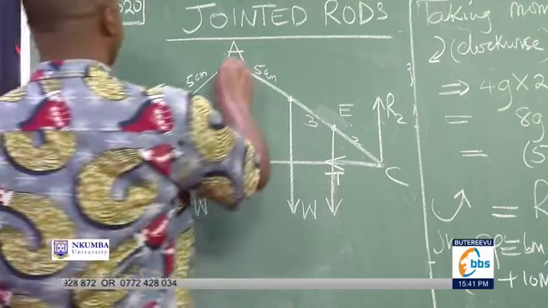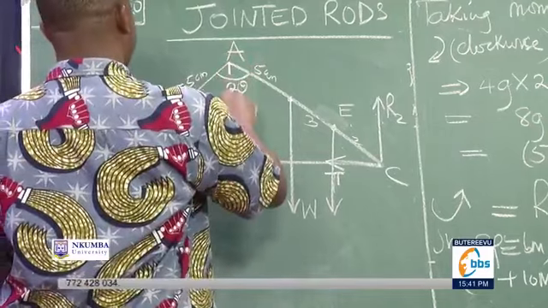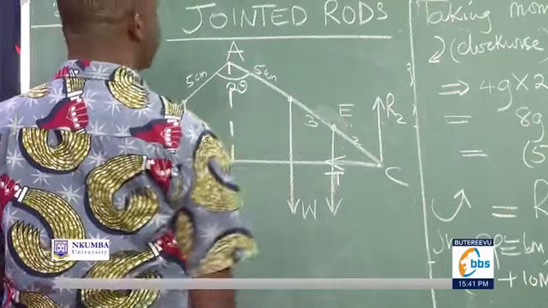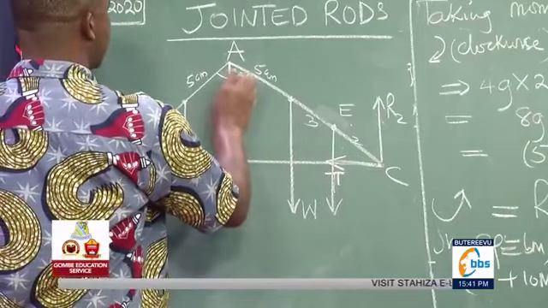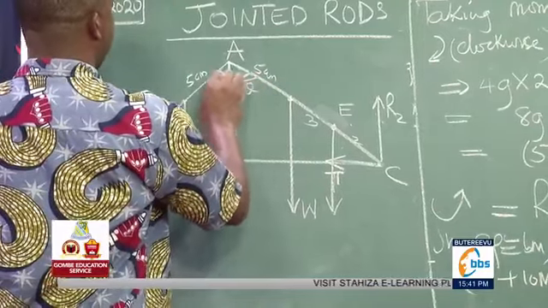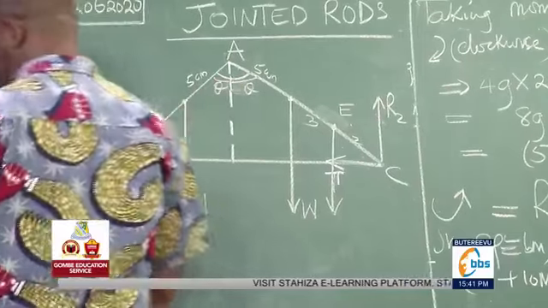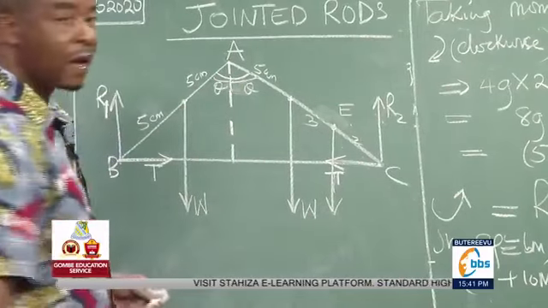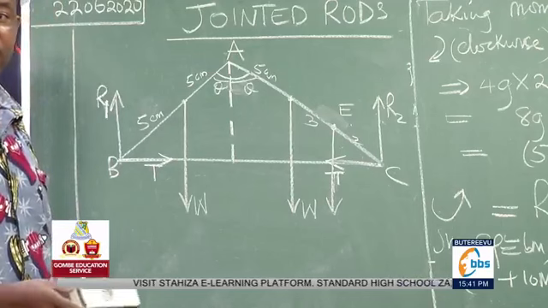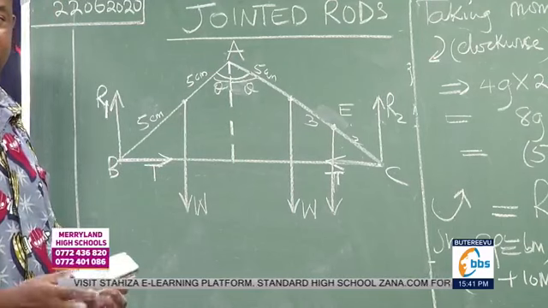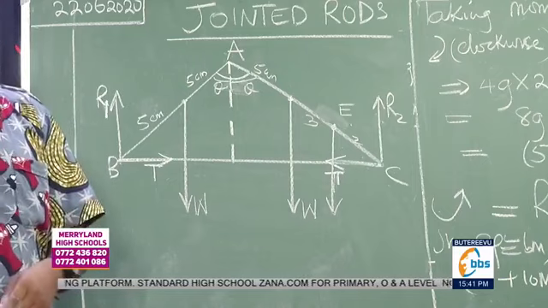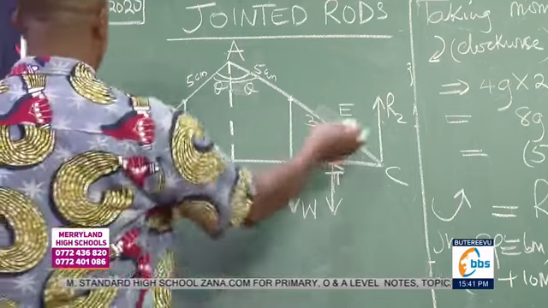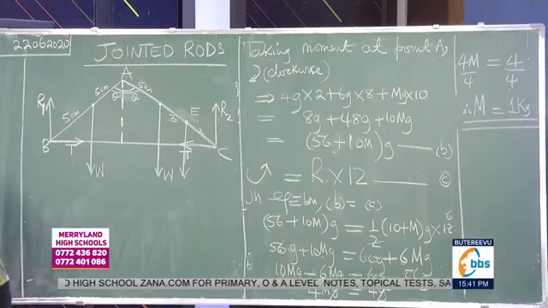So if I dropped a perpendicular line here, it would be a perpendicular bisector dividing this angle into theta and theta. Those are the interpretations that we need here. And they want us to find the value of W and determine, in terms of W and theta, the reactions R1 and R2.